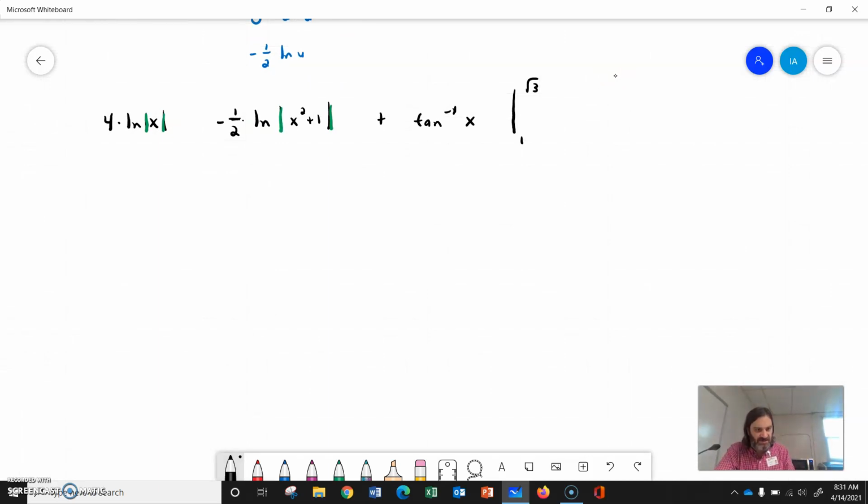So let x equal square root of 3. So that would be 4 times the natural log of square root of 3 minus 1/2 natural log of square root of 3 squared plus 1, so that would be 4.